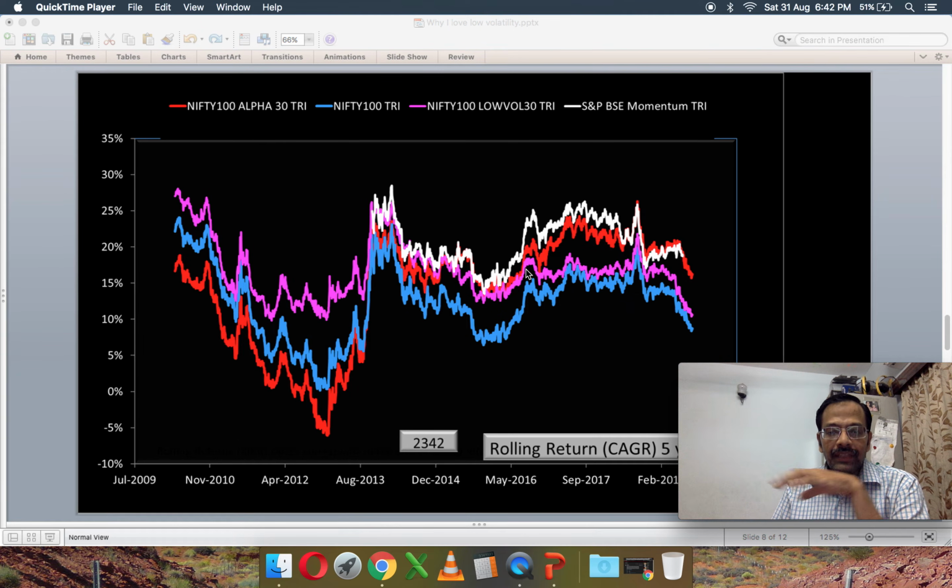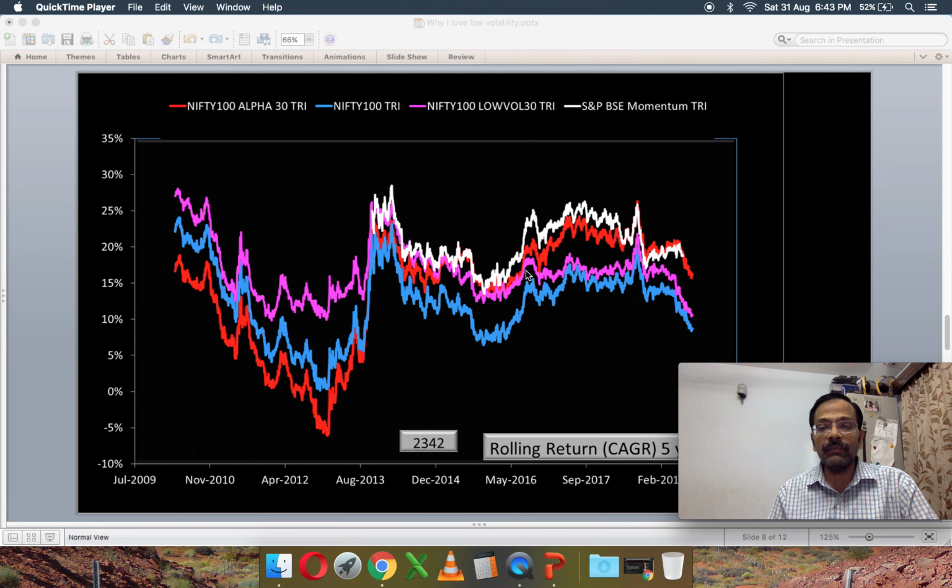And you can see here over 5-year periods, I have added the white line, which is the momentum index. This is a BSE index, and it takes stocks with the largest price variation over the past 1 year. The stocks which have moved up the most over the past 1 year with the lowest volatility have a higher weight, and that's called momentum. I have talked about this in several videos before. You can have a look at that.